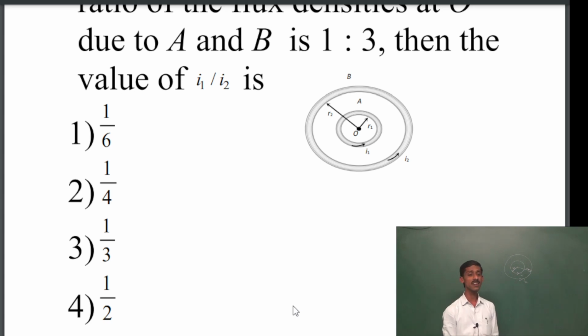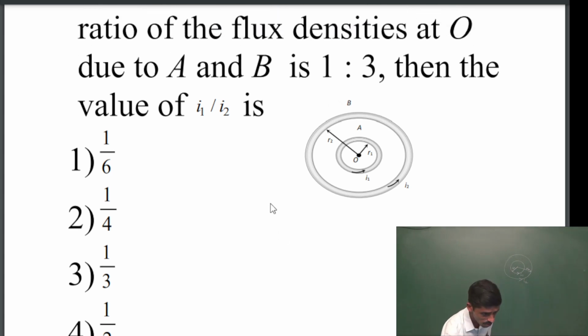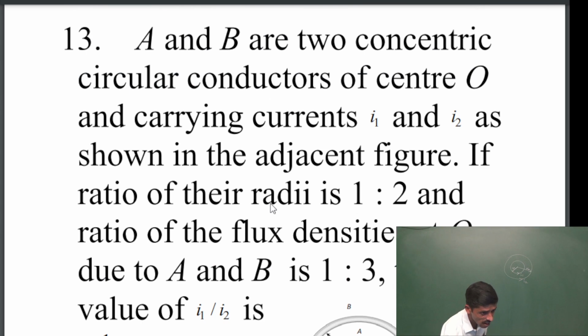What is the question? We shall see. A and B are two concentric circles, so one is A, another is B. They have the common center O, right? Carrying the currents I1 and I2 as shown in the adjacent figure.